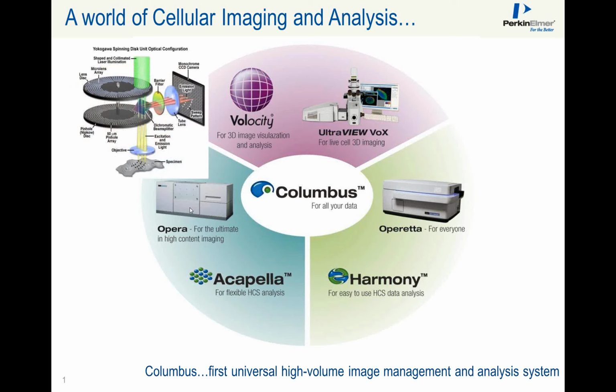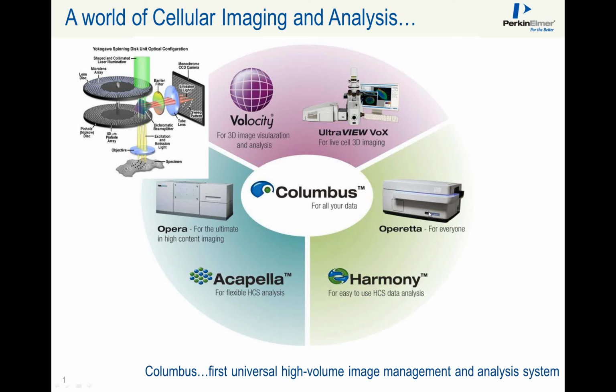And we also get the true benefit of high throughput due to the 4 CCD cameras running simultaneously to capture 4 channels at the same time. And along with the Opera, they use the Acapella image analysis software.